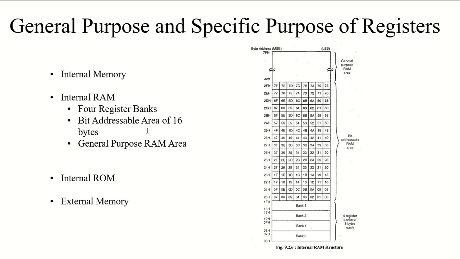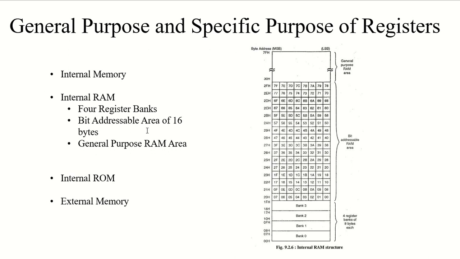Because remember, this is old technology. 8051 is around 40 years old technology from today, which means it used to have very little RAM and ROM storage, right? And because of that, we had the requirement to use external memory. So we use external memory when the internal ROM and internal RAM on chip are not sufficient.